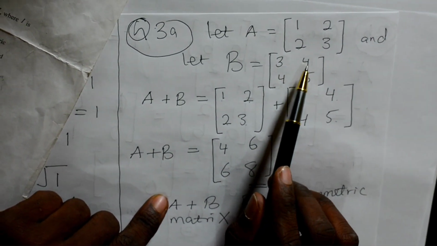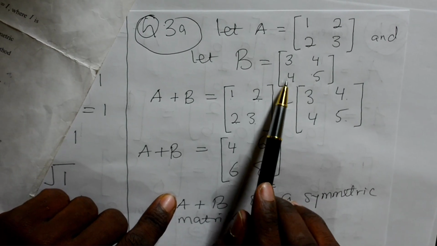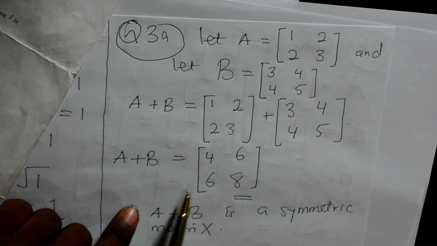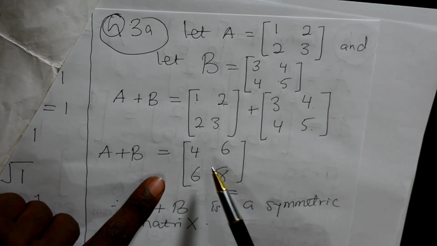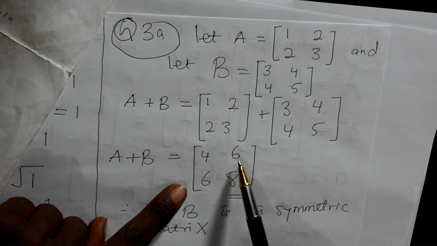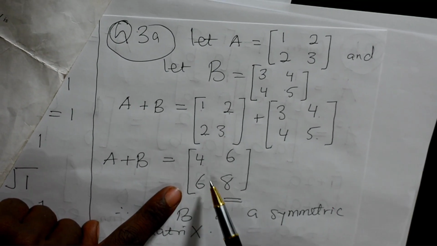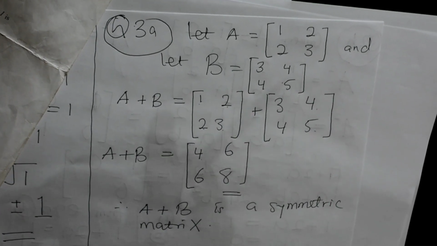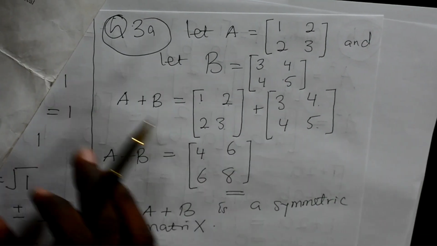See this 3 and 4, and 4 repeats itself, and any number 5. 1 and 2, and 2 repeats itself. Then 4 and 6, and 6 repeats itself again. Always the first row should be in series, then the last number should repeat itself as the first number in the second row.